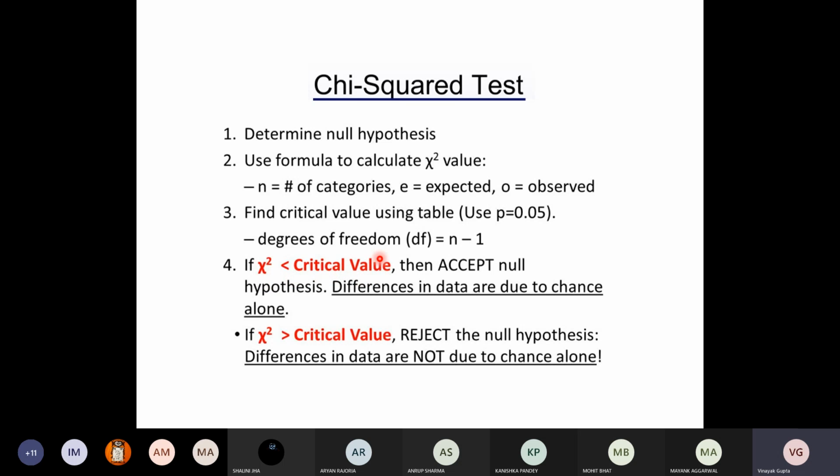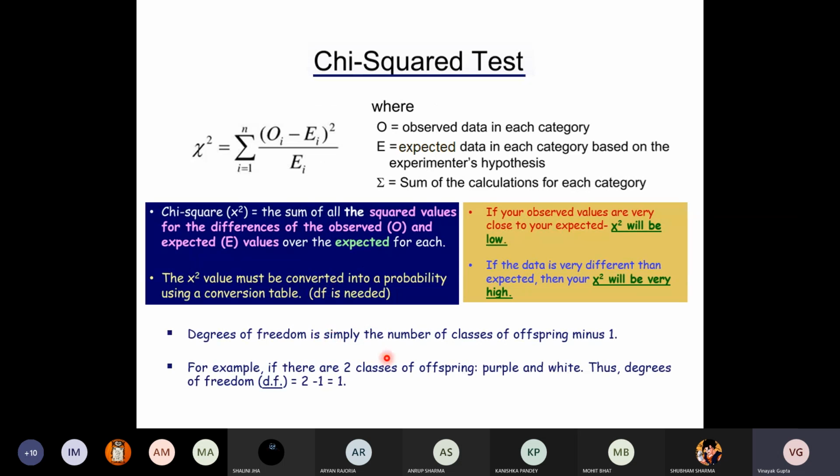Can you explain once again how we calculate the degree of freedom? Yes, degree of freedom is simply the number of classes of offspring minus 1. If you remember your monohybrid cross, the phenotypic ratio was 3:1.